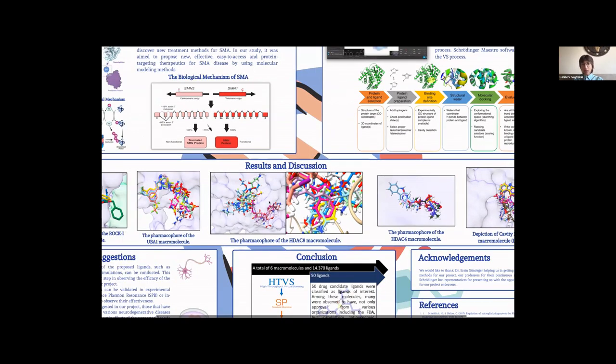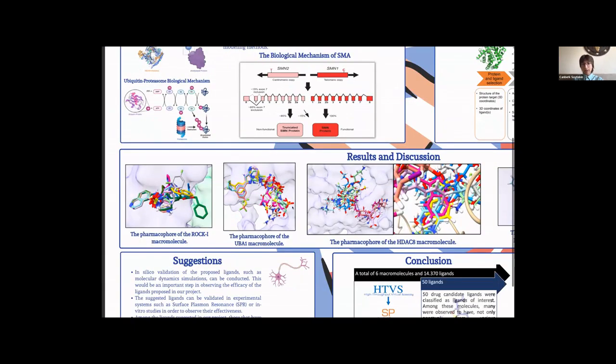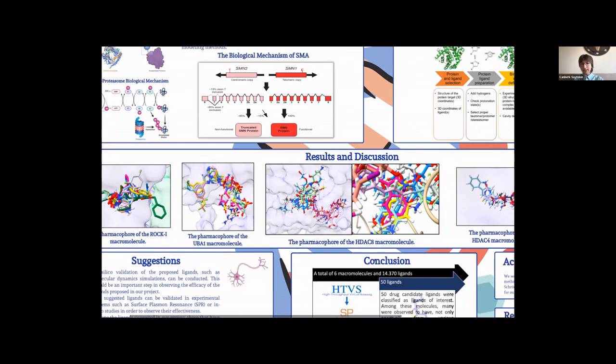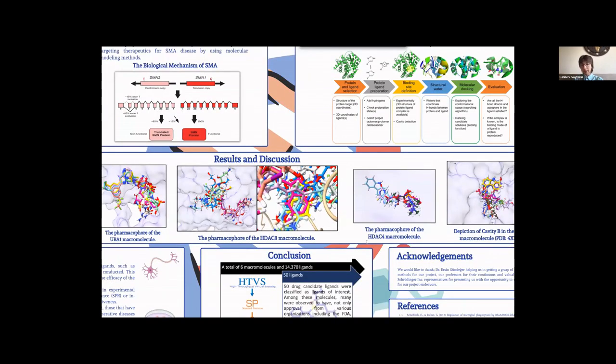In the UBA1 E1 kinase molecule, it was observed that there were coincident heterocyclic substructures, and all ligands have engaged in hydrogen bonding with at least one of the arginine 474, aspartic acid 463, and I believe alanine 437 amino acid residues. For the HDAC complexes, it was observed that they all have, without exceptions, engaged in hydrogen bonding with at least one of the threonine residues in the active site.